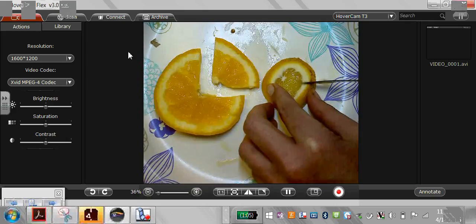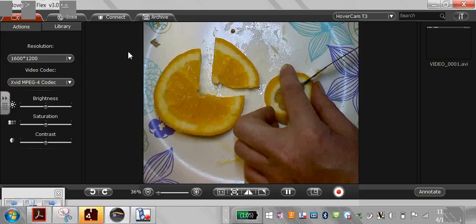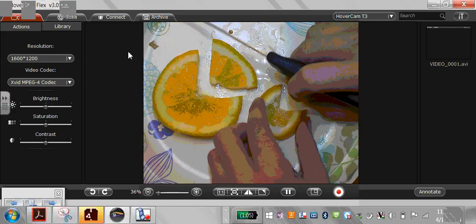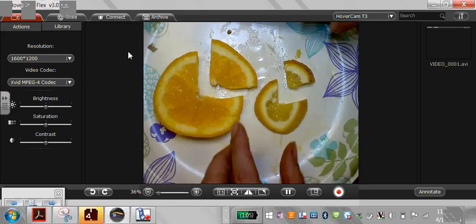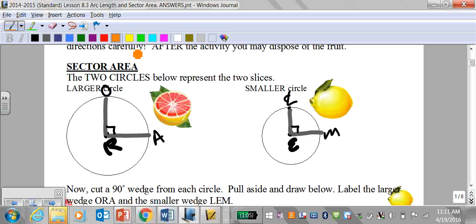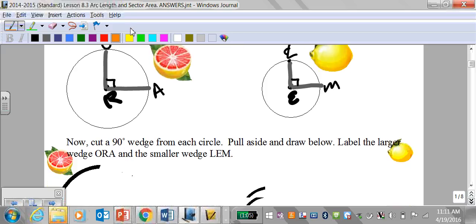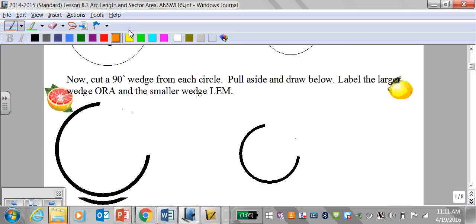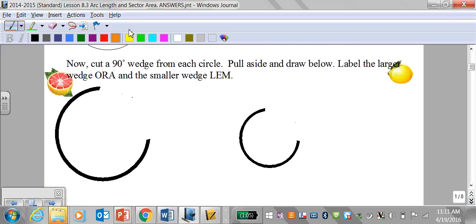As exact of a 90-degree wedge as you can get. Got it? So you should have two 90-degree wedges going on. It feels weird cutting. It feels raw. It's going against everything I've ever read.